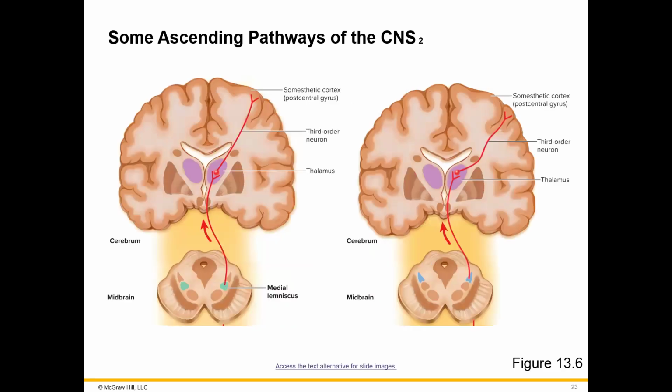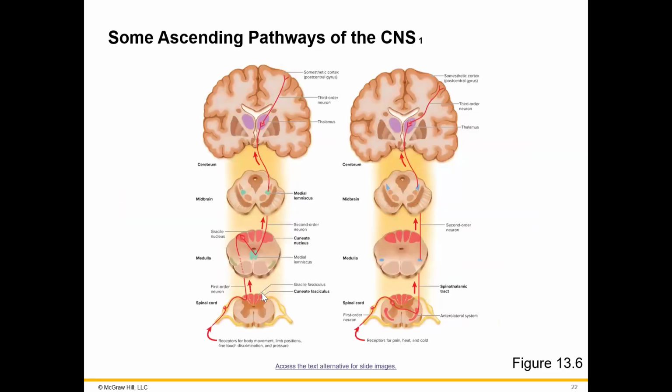Okay. So there are some ascending pathways. Ascending pathways are always concerned with carrying sensory input, sensory information that could have decussated at your second order level here. So where does the decussation usually happen?